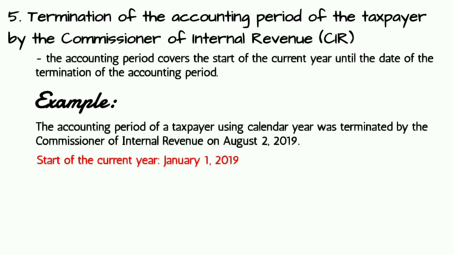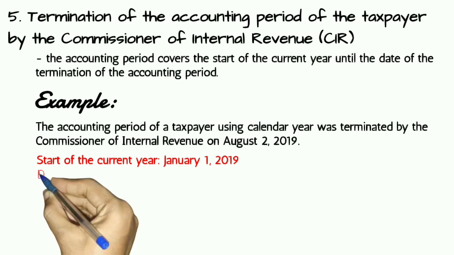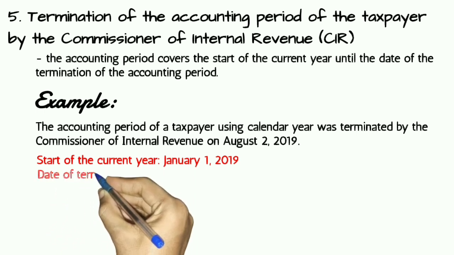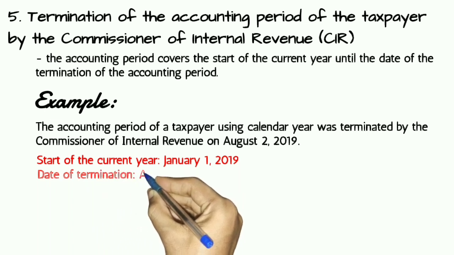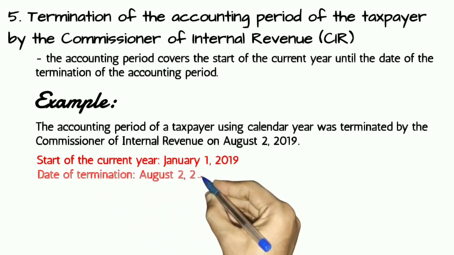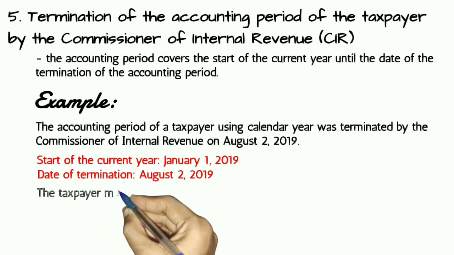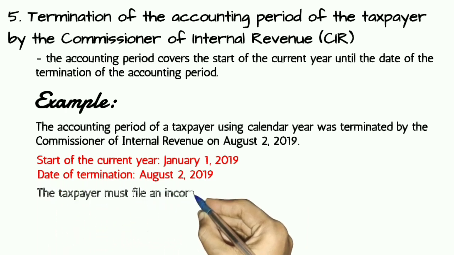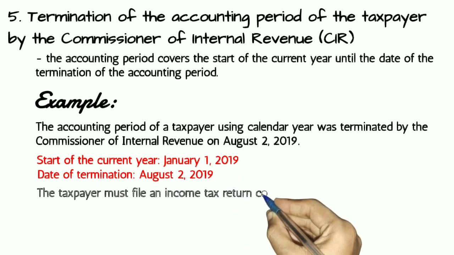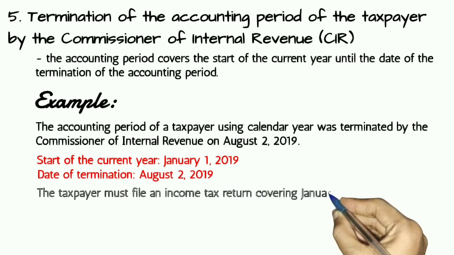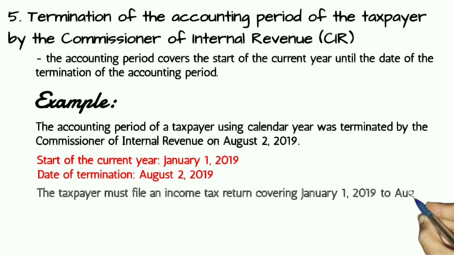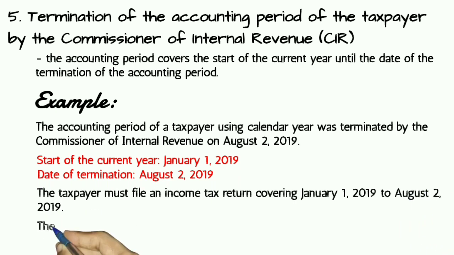Kasi nga ang ginagamit niya ay calendar year. The date of the termination of the accounting period is August 2, 2019. Therefore, the taxpayer must file an income tax return covering January 1, 2019 to August 2, 2019.